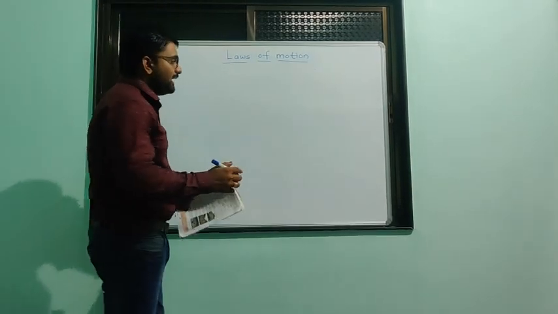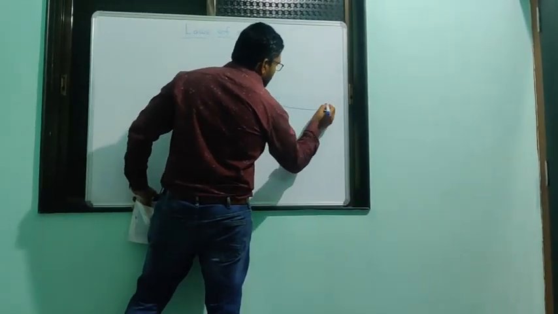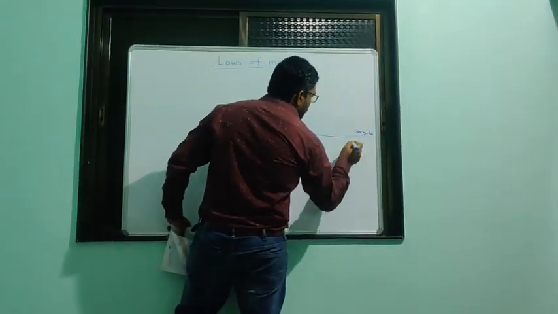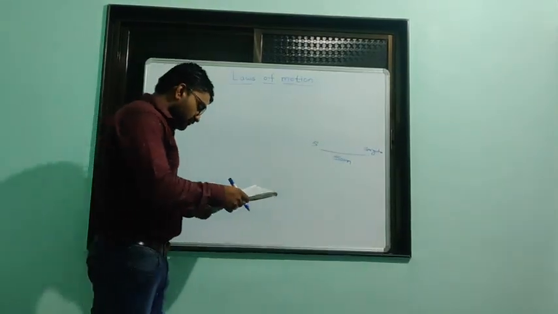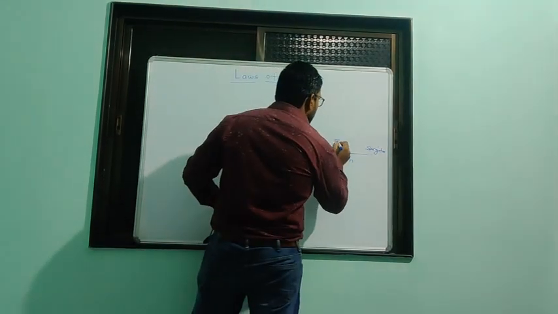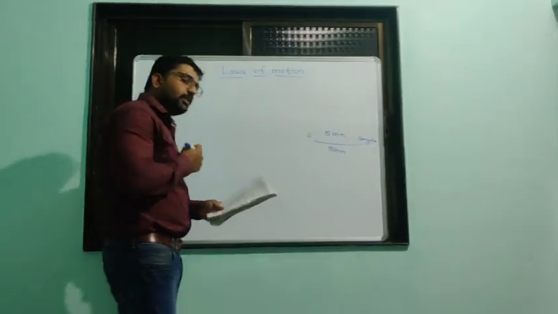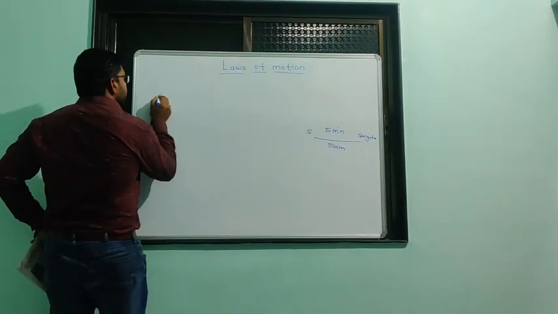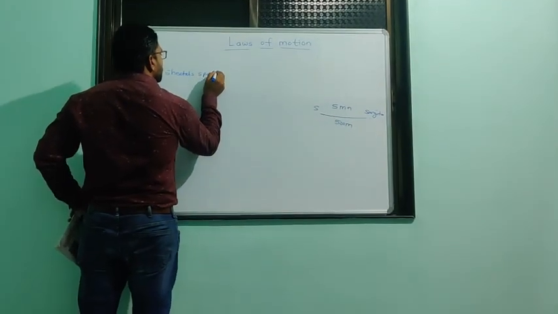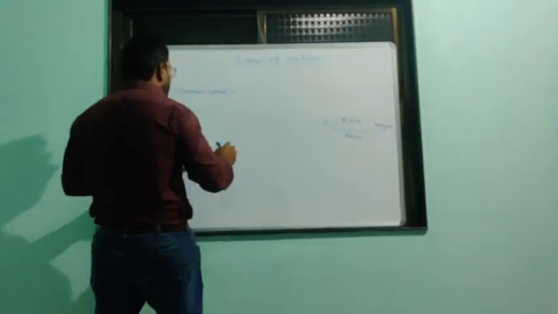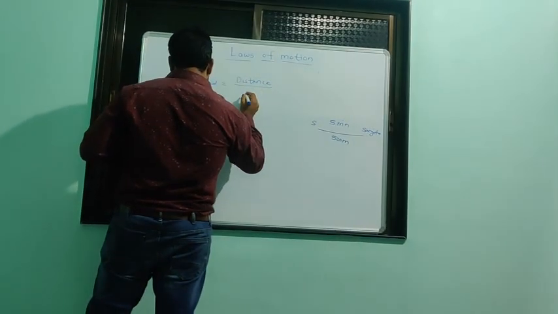First of all, they also give us time. Path A means, as we already see, this is Sheetal's house and this is Sangeeta's house. Their distance is 500 meter, and she takes 5 minutes to cover that. So we have to calculate Sheetal's speed. Speed is distance upon time.